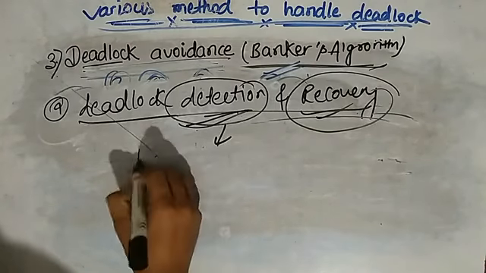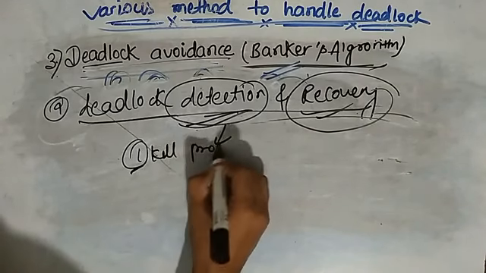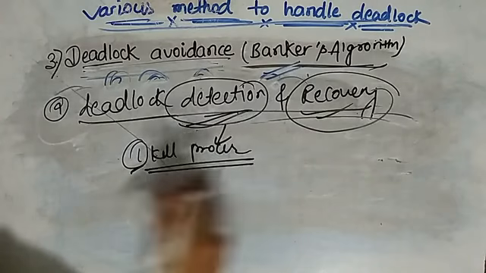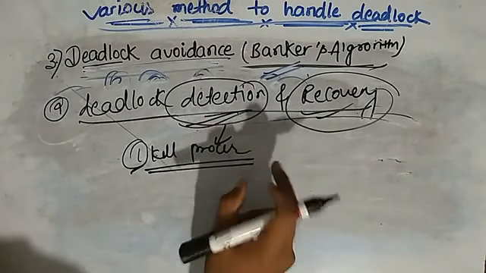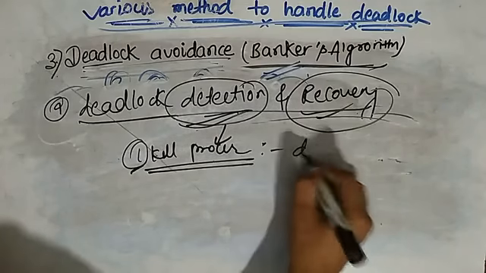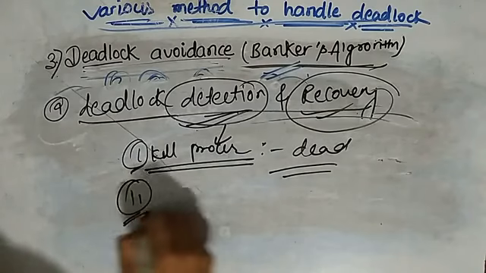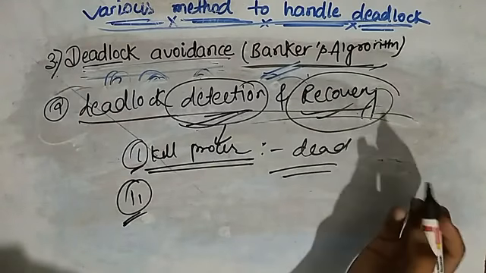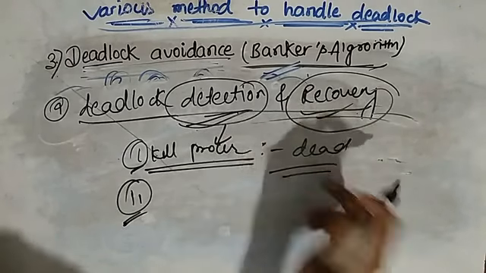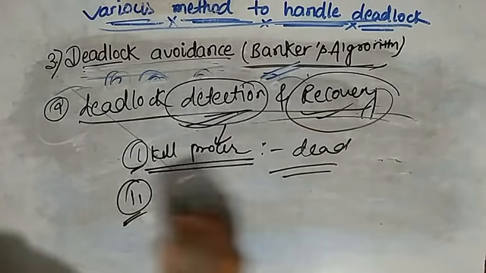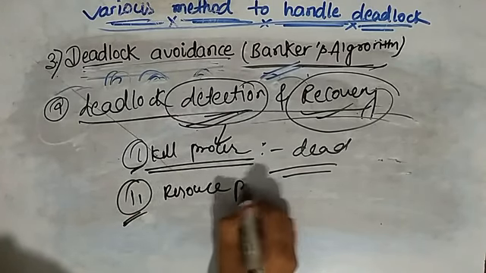In this process, first we kill the process which is causing the deadlock. And second, whatever resources were allocated to the process we killed, we give to another process. So we do resource preemption.